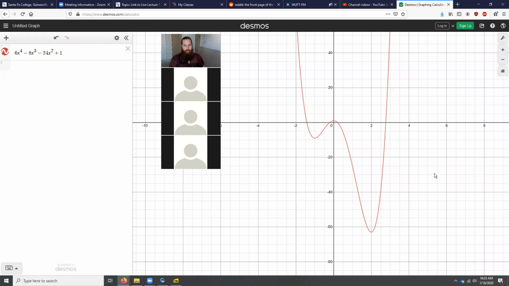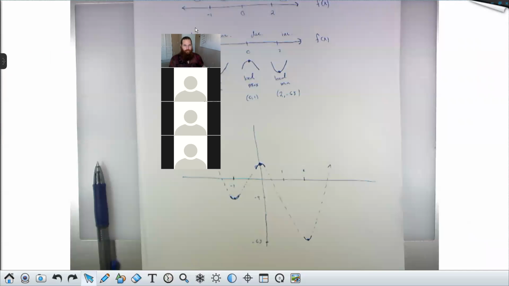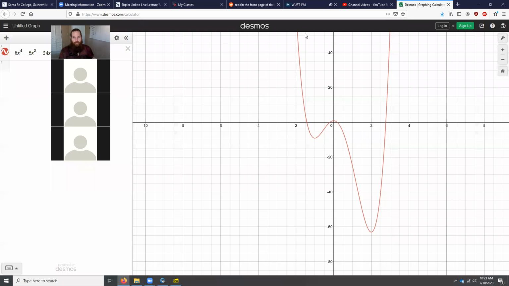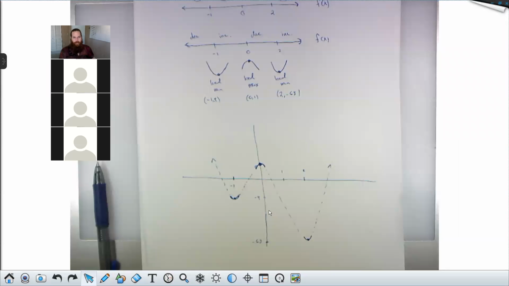Right? You see here, compare this to this. The basic shape is right. I have mins and maxes at the right place. The end behavior is right. The only difference here is that I rescaled my y-axis a little bit.